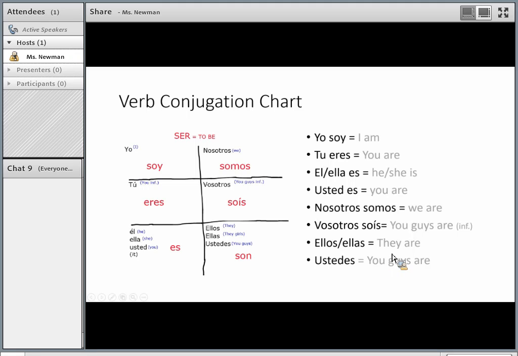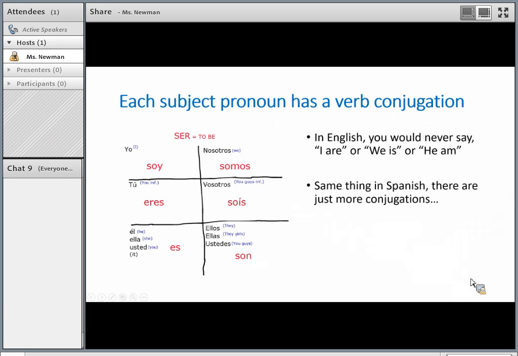And ustedes, you guys are. Each subject pronoun has a specific verb conjugation. Just like in English, you would never say I are or we is or he am, right? That doesn't go together. Same thing in Spanish. There are just a few more conjugations.